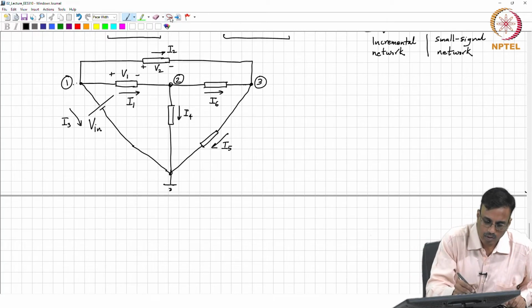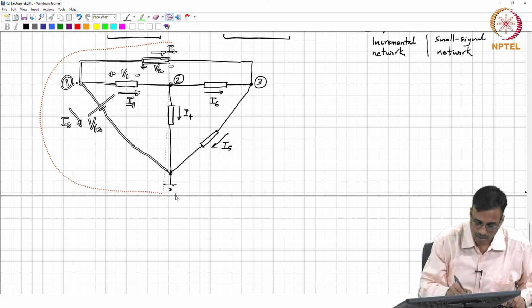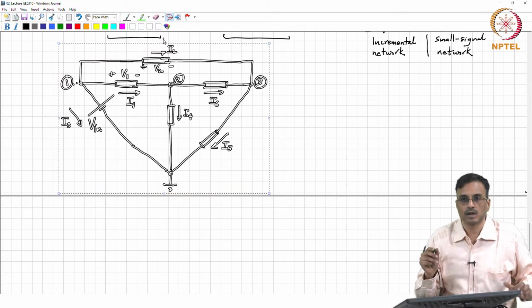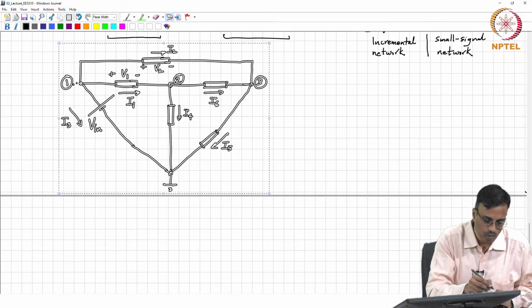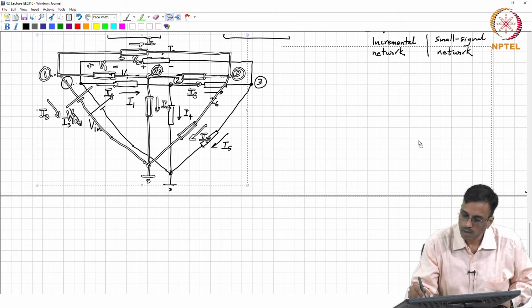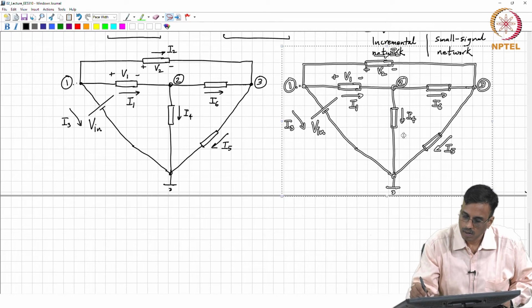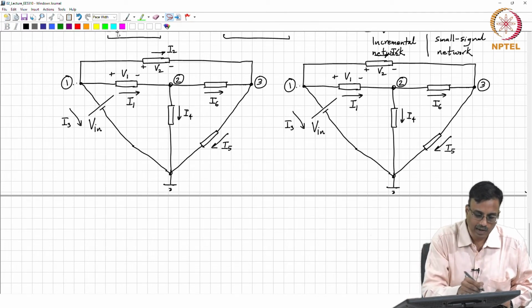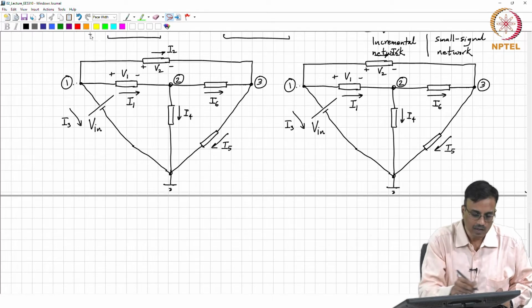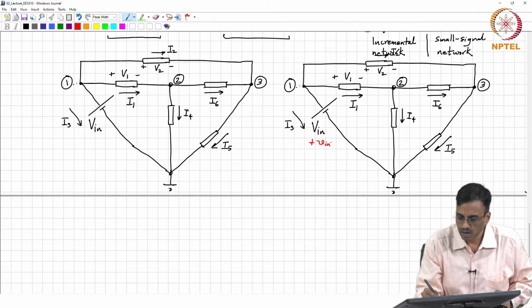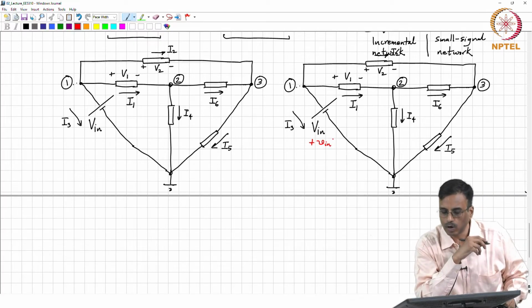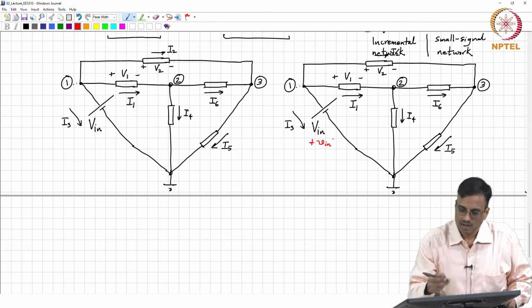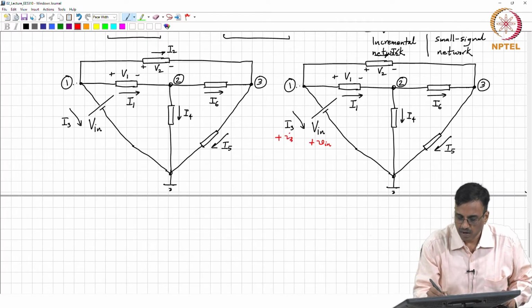With this background in mind, and these elements could be linear or non-linear, now, what am I doing? Well, I am going to basically increase the excitation by a small amount. Consequently, what comment can we make about all the branch currents? They will also change by some amount.